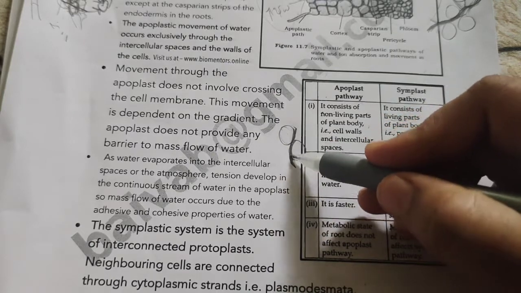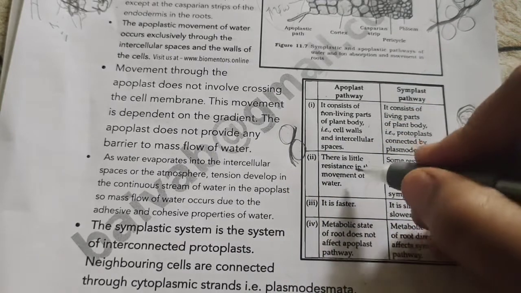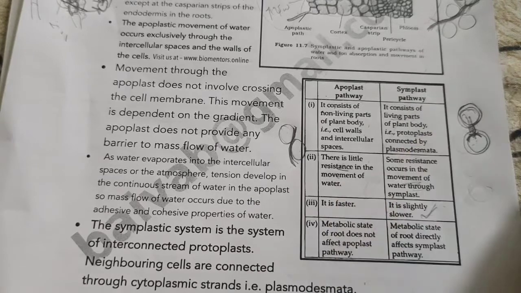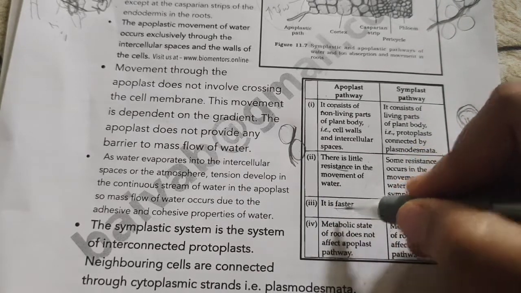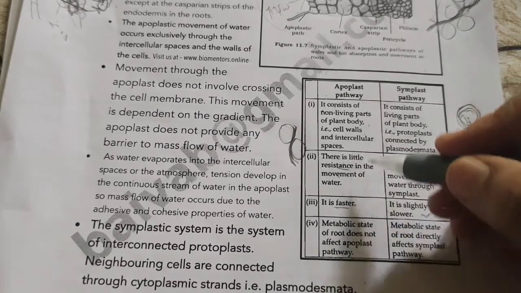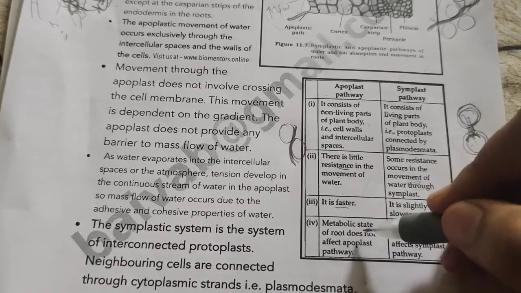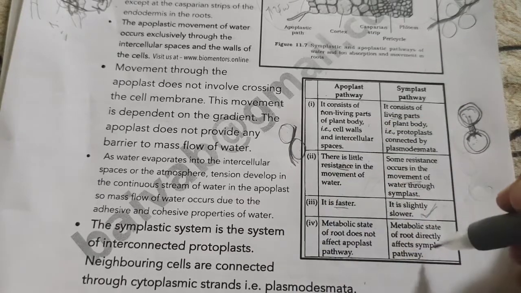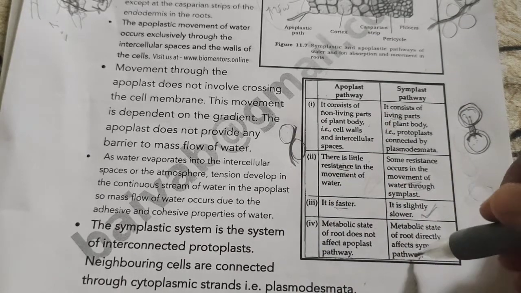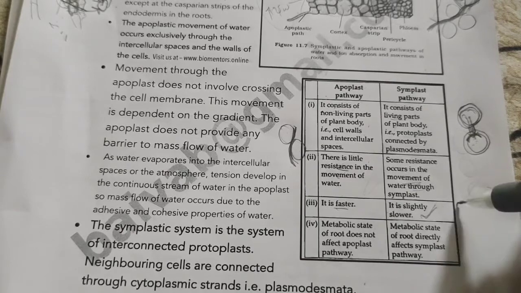As it is moving through the intercellular spaces, very negligible resistance occurs there. As a result, it is faster in nature. And thus the metabolic state of root does not affect the apoplastic pathway, whereas the metabolic state of root directly affects the symplast pathway.